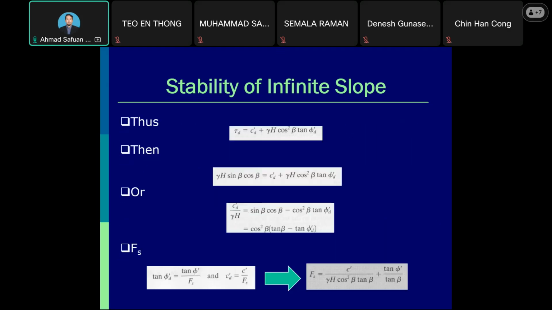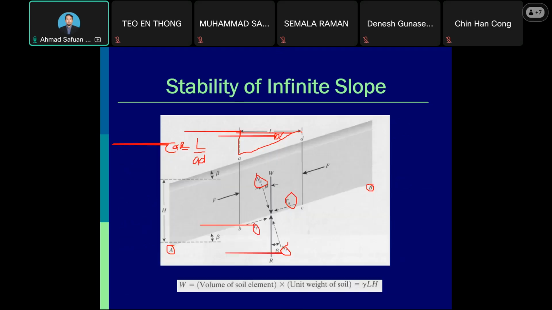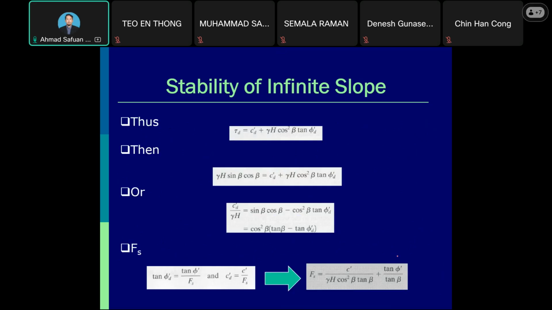So if you want to determine the factor of safety for the infinite slope stability for a dry slope, or where the groundwater is far from the slope surface, then you can use these simplified equations.